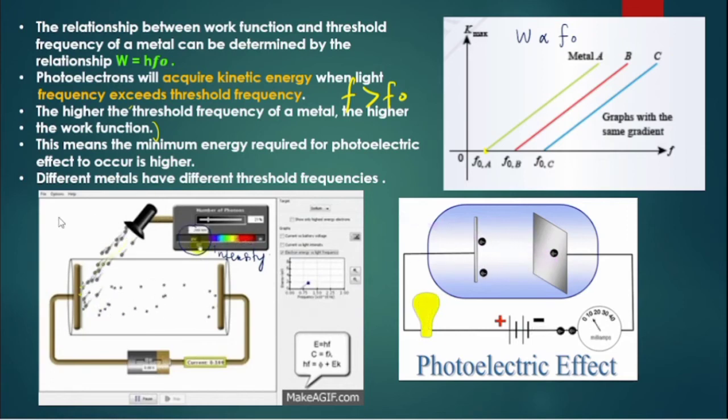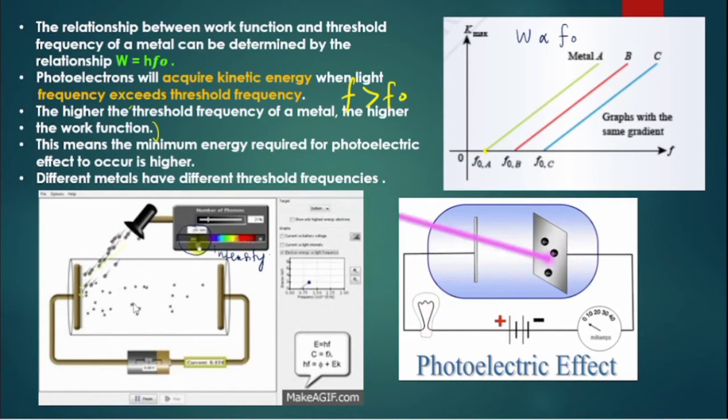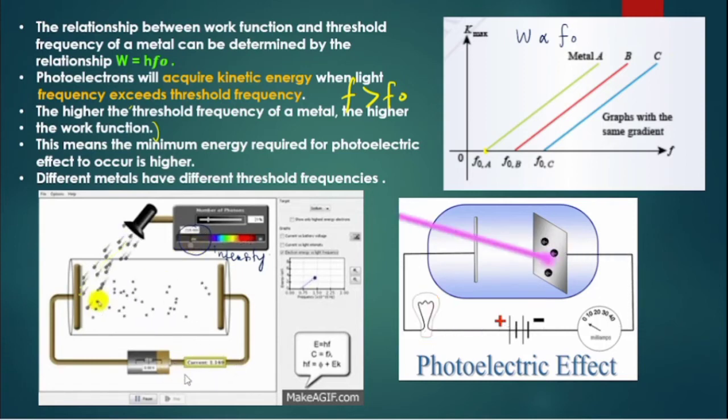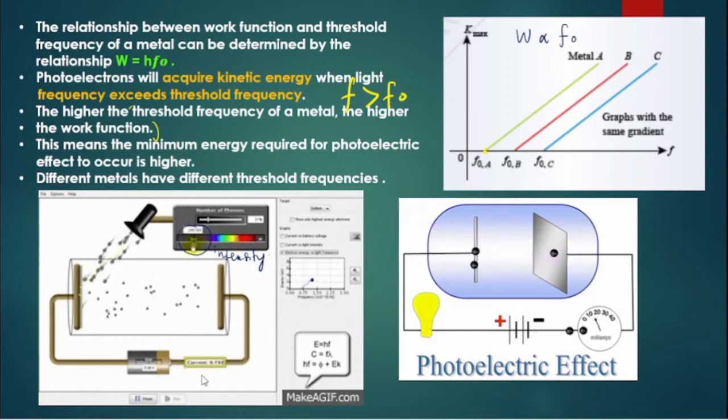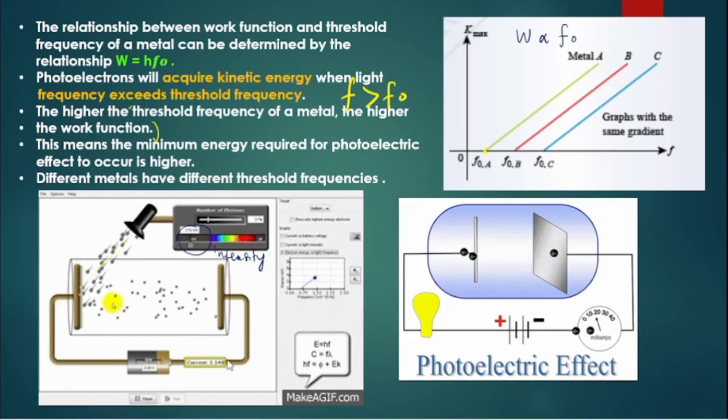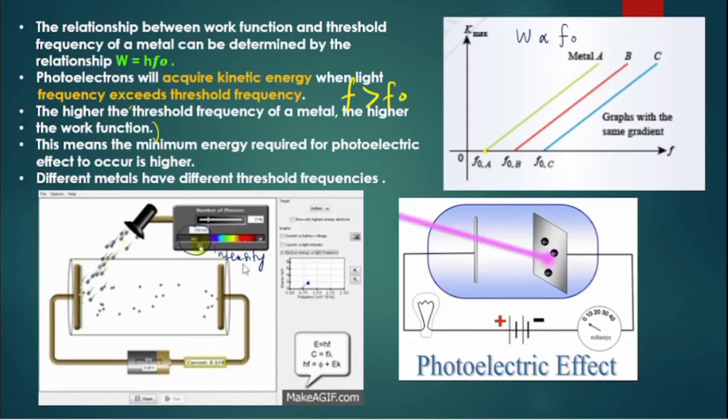Okay, let's look at the diagram here. The diagram shows how the intensity of light affects the number of electrons emitted, or we can say the value of current produced in the circuit. By using this photocell, we can show what factors affect the magnitude of current flow in the circuit. We have discussed earlier, intensity affects the number of photons reaching the metal surface.